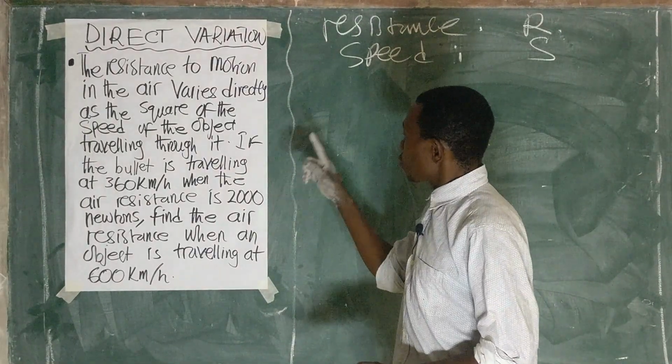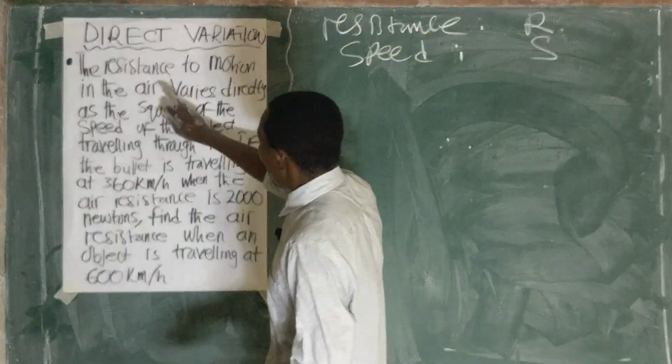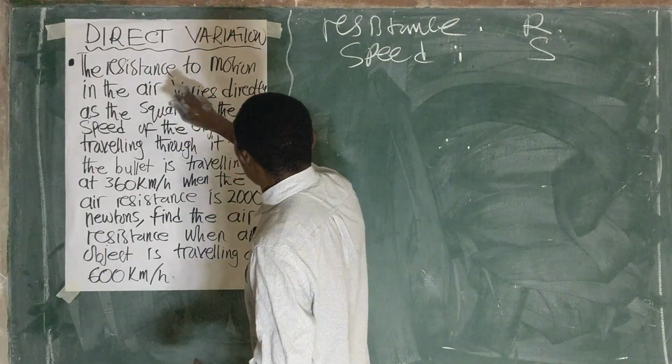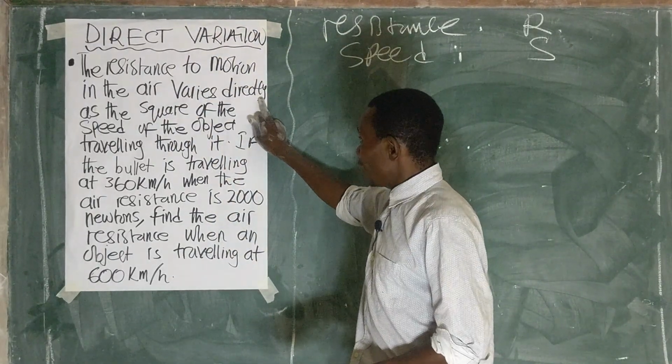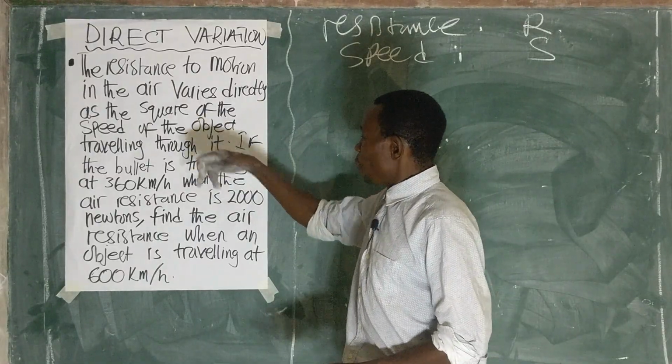The resistance to motion of the air varies directly as the square of the speed.